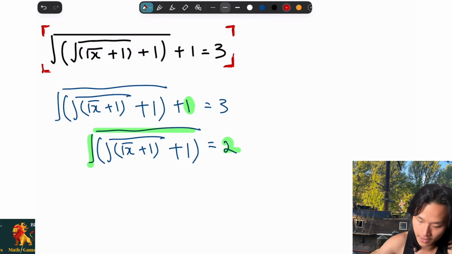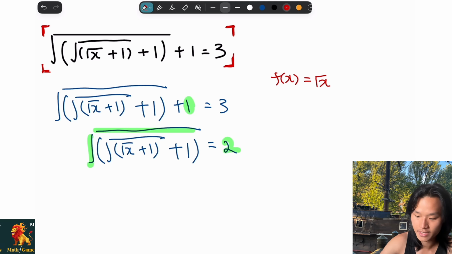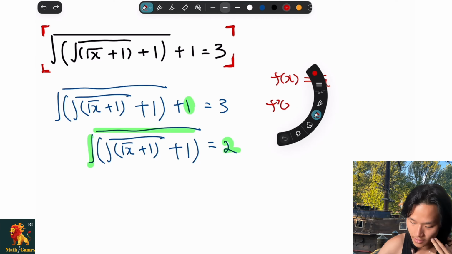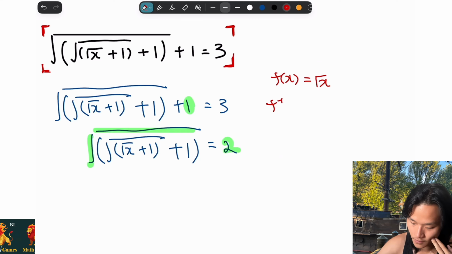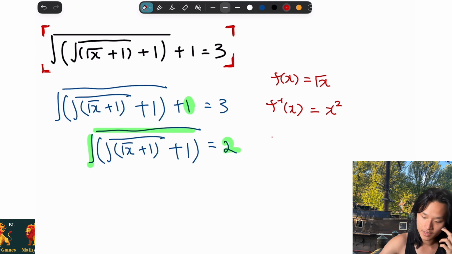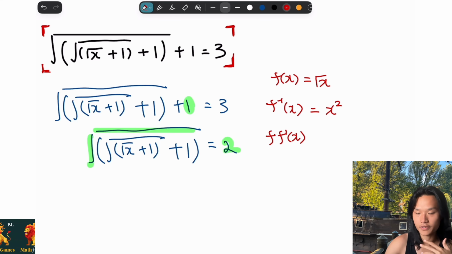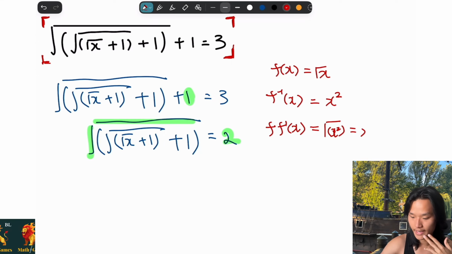We can think of it like if f of x is the square root of x, then the inverse, which we write as f to the minus 1, is x squared. Because if we take the square root of x squared, it gives us just x.